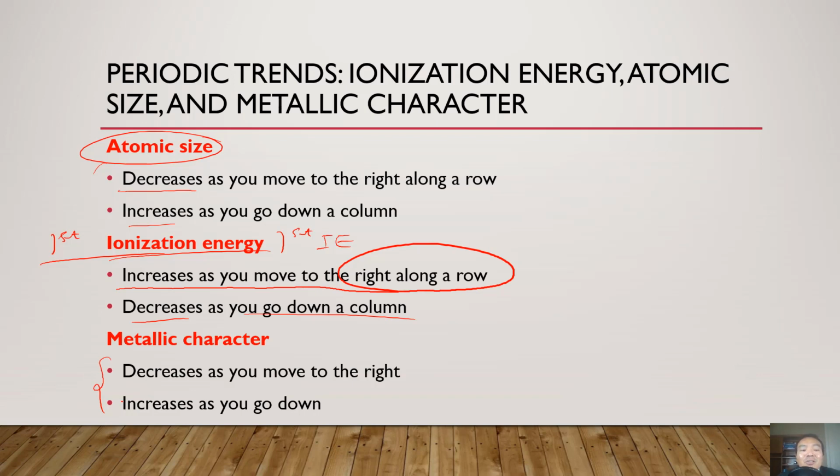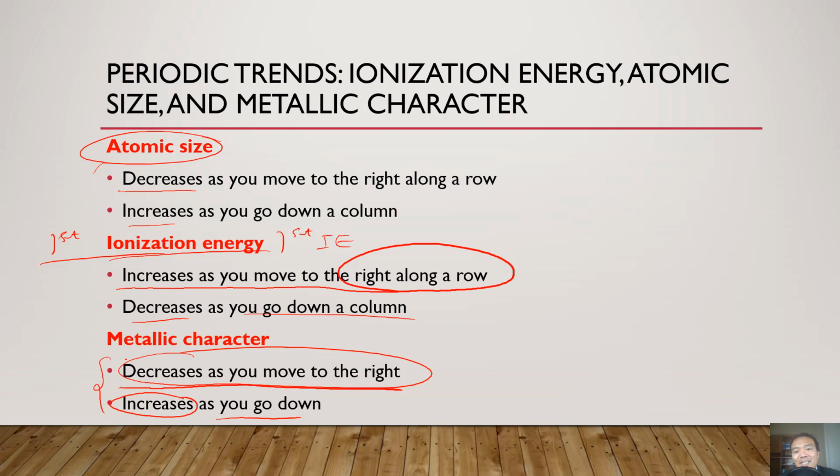Metals like to lose electrons. Metals can shine, they're lustrous, that kind of stuff. That's the metallic character. From top to bottom, the metallic character increases, but from left to right, metallic character will decrease.